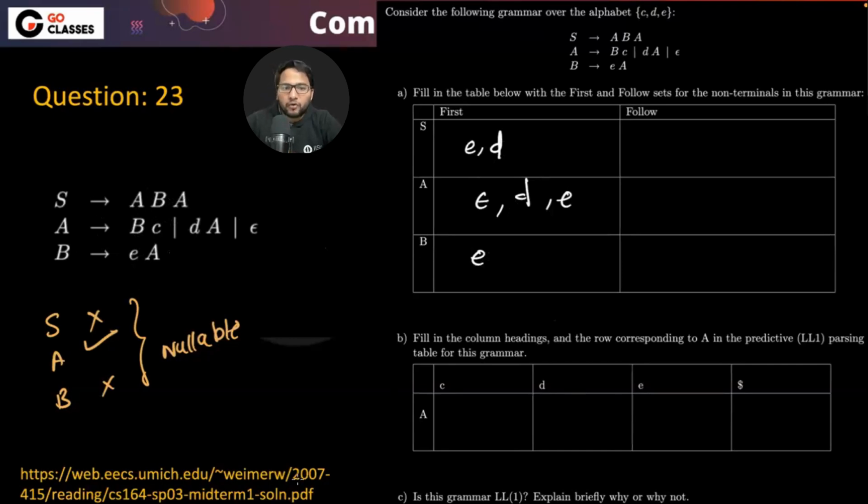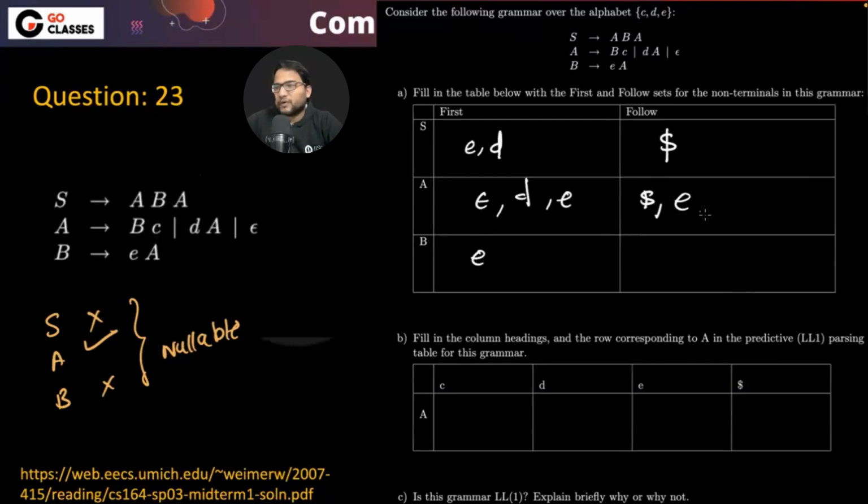Now can you tell me the follow of capital S? It is dollar only. What about the follow of capital A? It will be same as follow of capital S, anyway dollar, first of capital B, E. And then follow of capital B also.